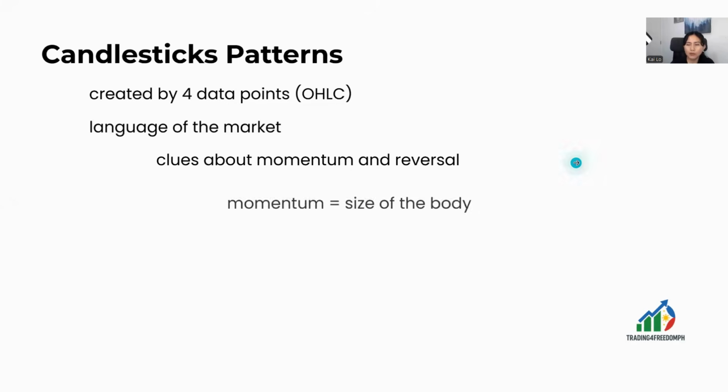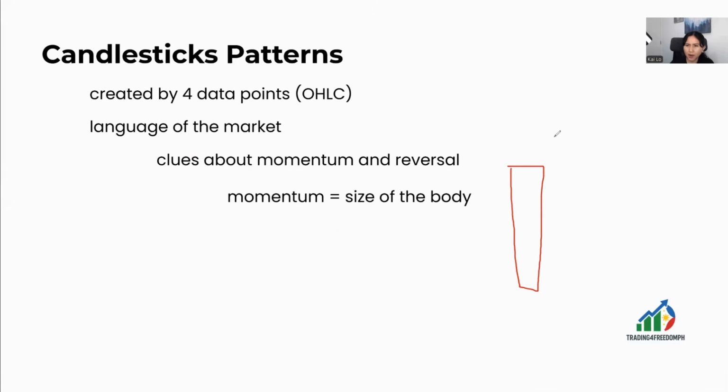It gives us clues about momentum and reversal. We would know that there is momentum if we see that the body of the candles is large. Momentum means there is decisiveness.